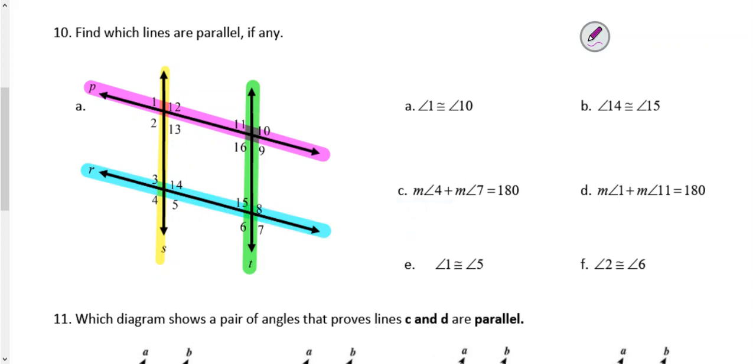And then I'm going to label all of my A's and B's. So A and B. Making sure I alternate.